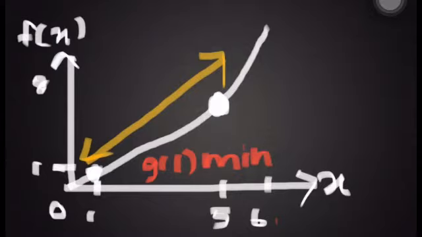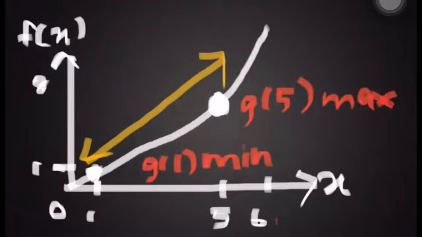What about if I put here g of 1? It will be a minimum. Why? Because g of 1 would be the lowest value for this function, while g of 5 is the maximum because it has the highest value for this function.